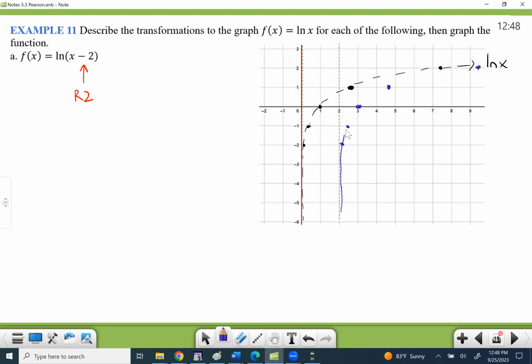My hand's covering it so I can't see. There we go. So the blue one is natural log of x minus 2. Don't mind this weird looking graph right here. There we go. Okay, maybe I'll make it a little bit cleaner looking. I'm gonna get closer and closer, but not touch. There we go. Okay, so I'm gonna make a big deal about the fact that the vertical asymptote has moved.